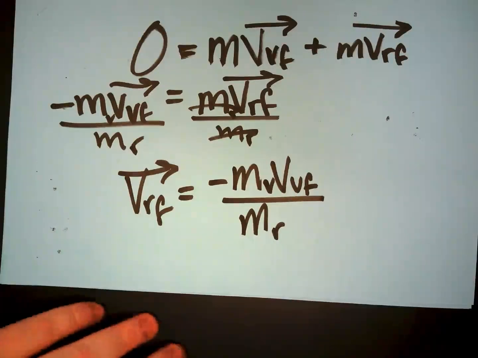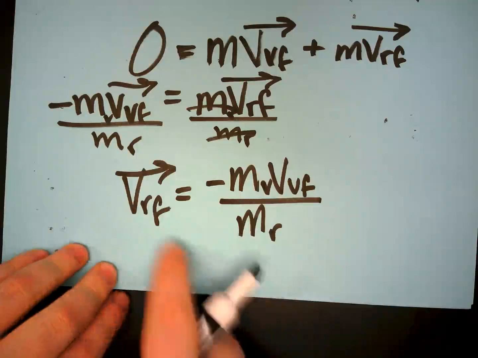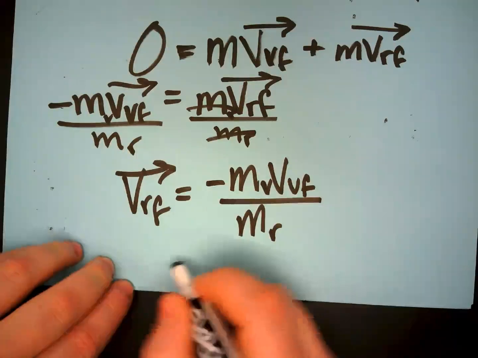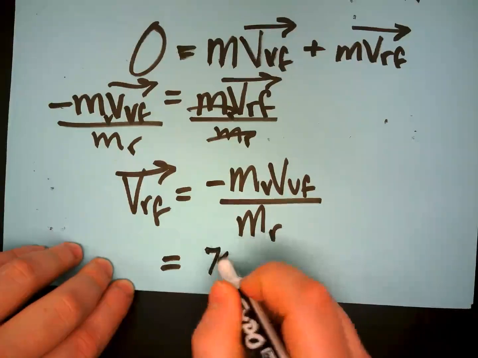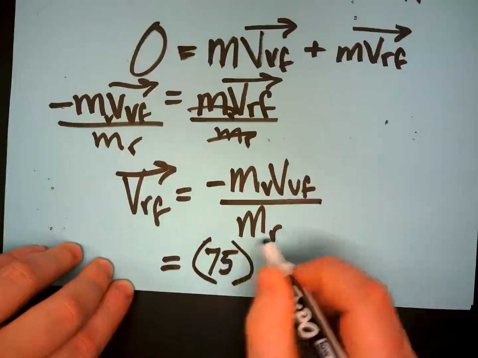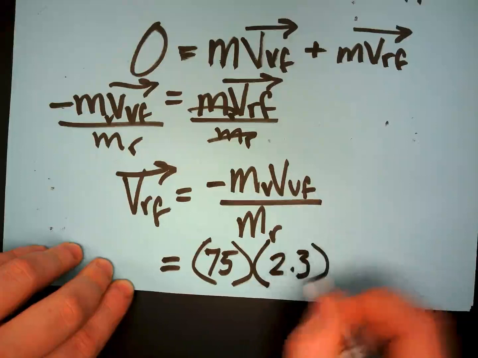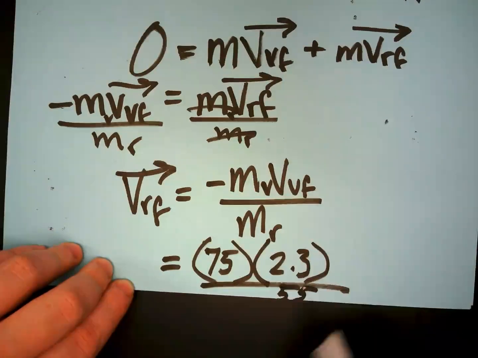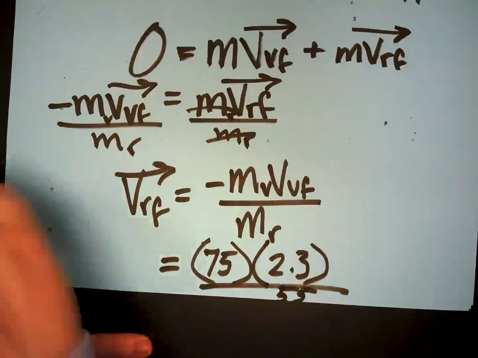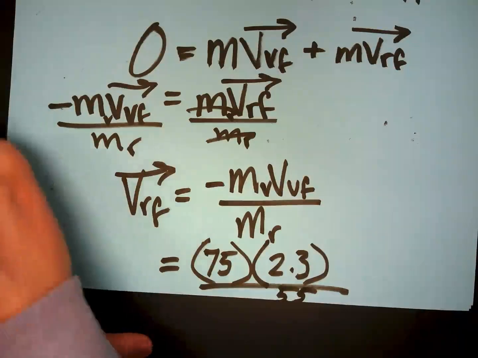Okay, then we are just going to plug in. So mass of the vacationer is going to be 75 kilograms times the 2.3, and it's going to be all over the mass of 55. Then we do that on our calculator.